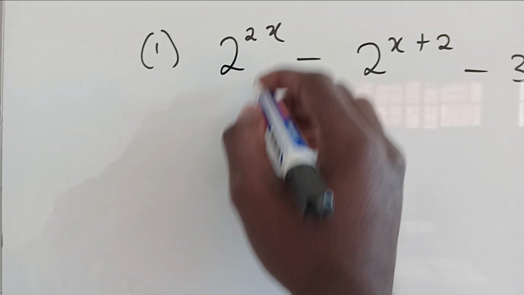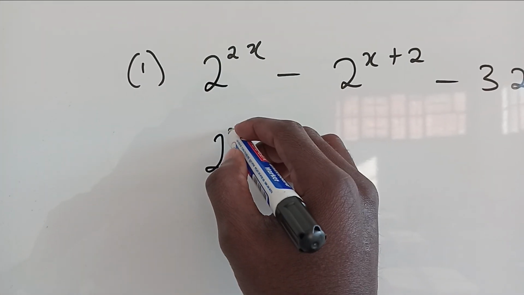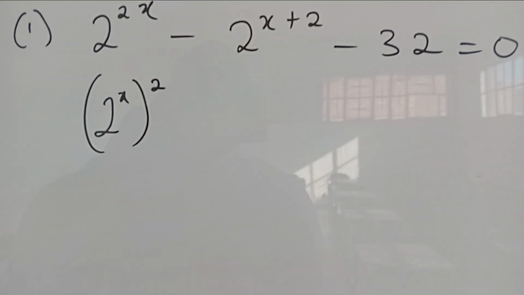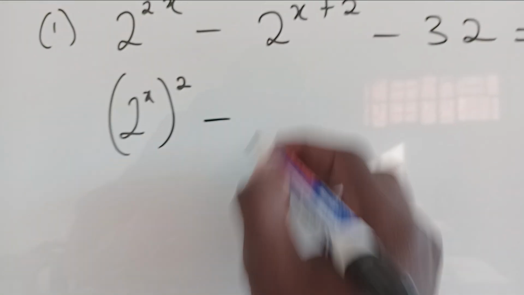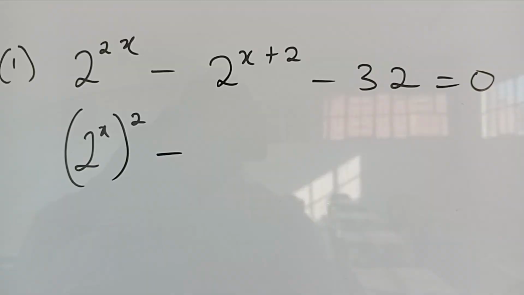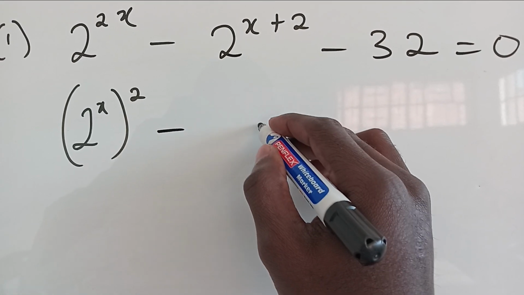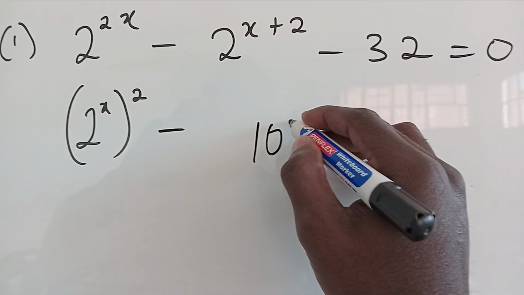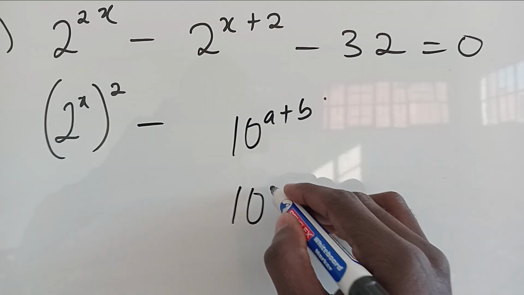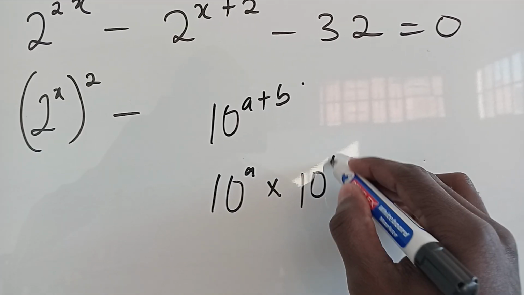This 2 raised to the power of 2x can be written as 2 raised to the power of x, in brackets, raised to the power of 2, according to the law of exponents. Let's say we have 10 raised to the power of a plus b, it can be written as 10 raised to the power of a multiplied by 10 raised to the power of b.